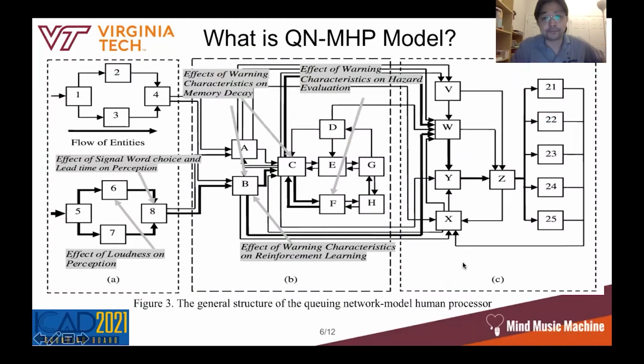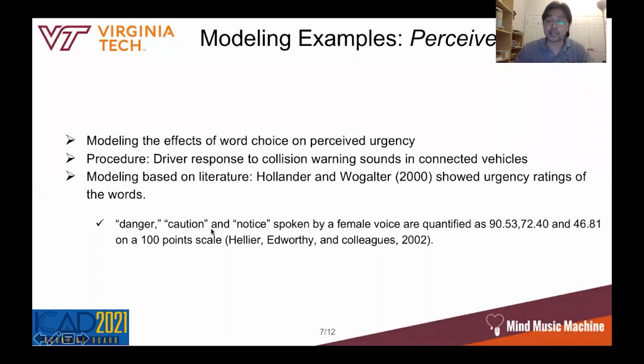So let's say we are interested in this server 8, which is auditory recognition and location. If we advance or manipulate this server, then we can do research something like effects of the word choice in speech warning and lead time on perception. So that is actually the first case study which has been done by Dr. Zhang in Penn State.